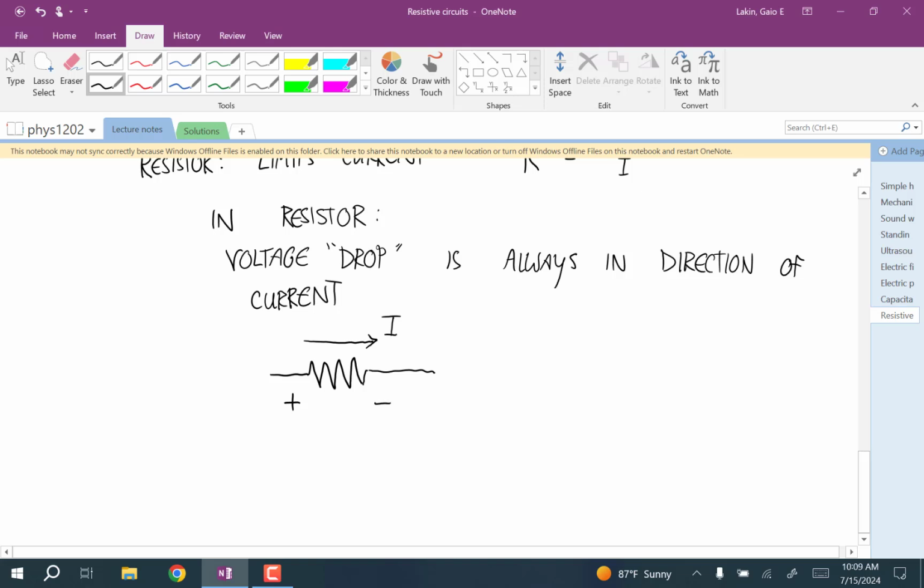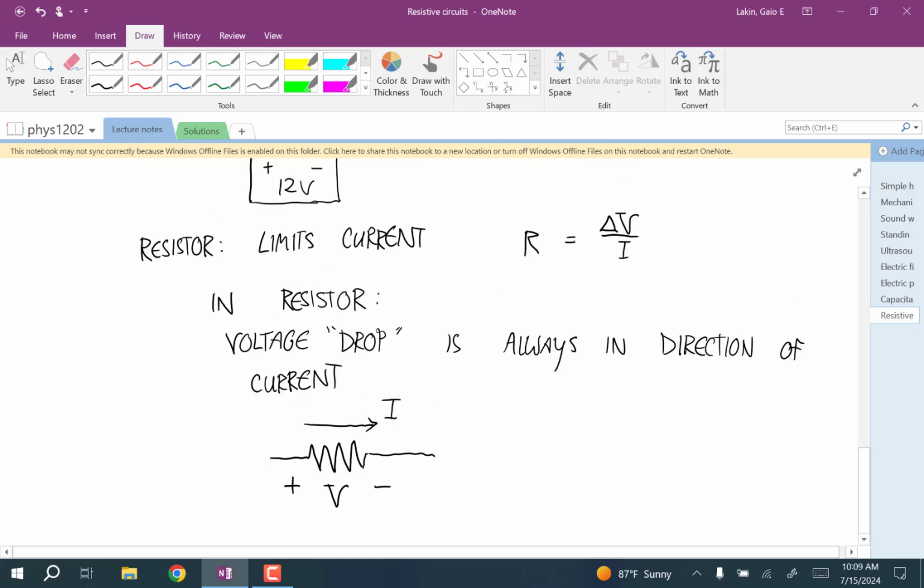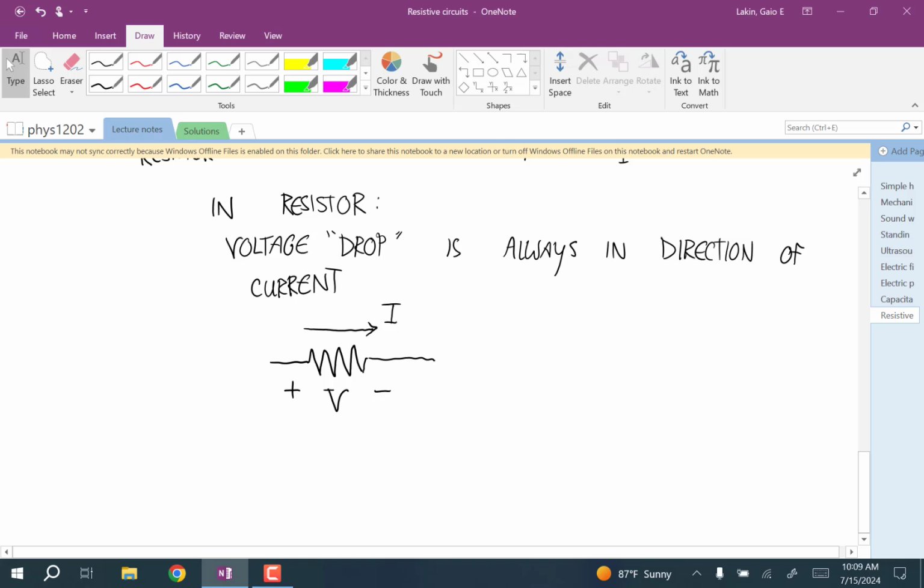Okay, so I'm going to start writing the voltage symbol as just a V instead of a delta V. But remember that this is voltage. So what this is saying is the electric potential on the positive side of this element is V volts higher than the electric potential on this side. This is a difference in electric potential.